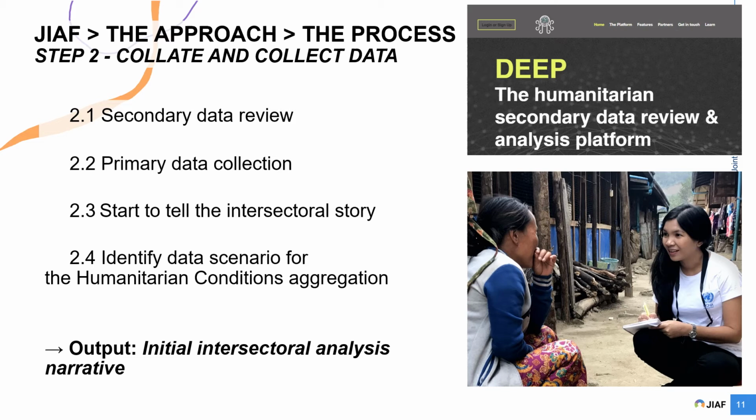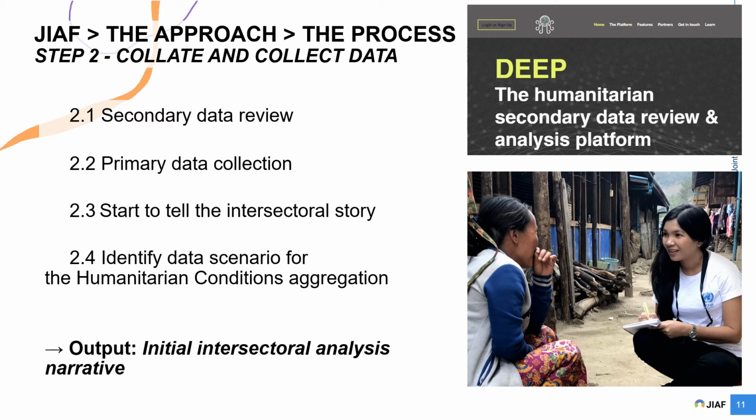In the event that information is not available and if there is time and resources, the team can explore the possibility to conduct a joint needs assessment to collect primary data. Once all the data has been collected, either through a secondary data review or a joint assessment, the next task is to review it and start to tell the intersectoral story.